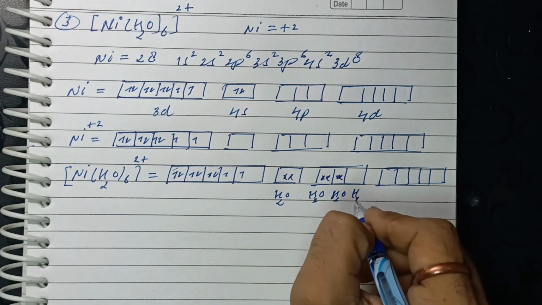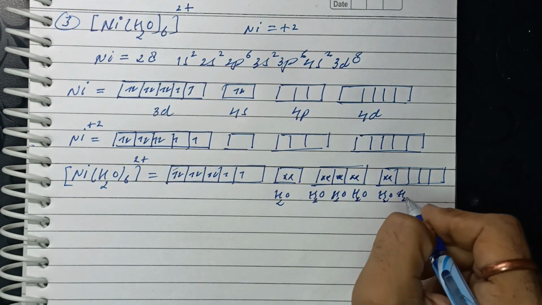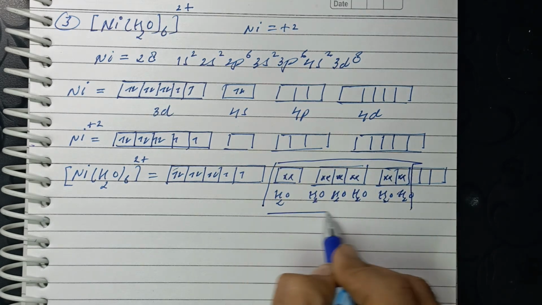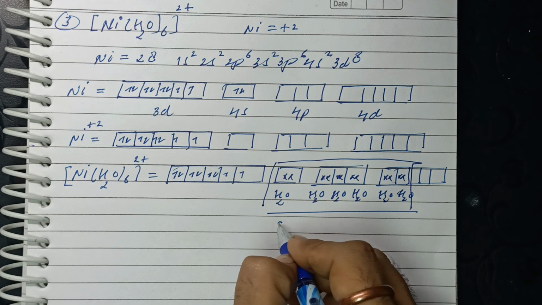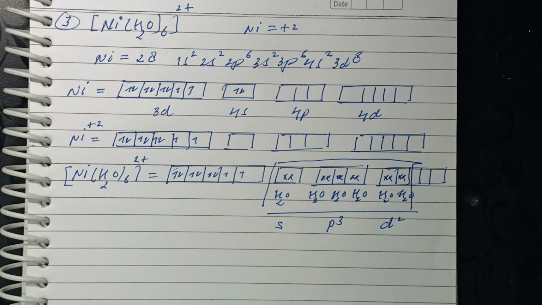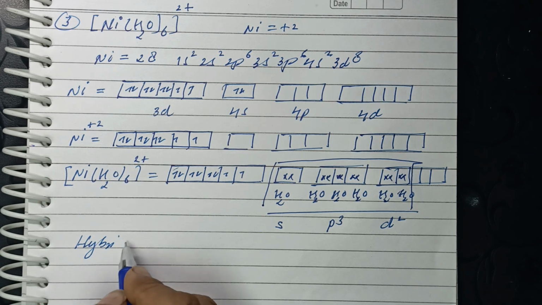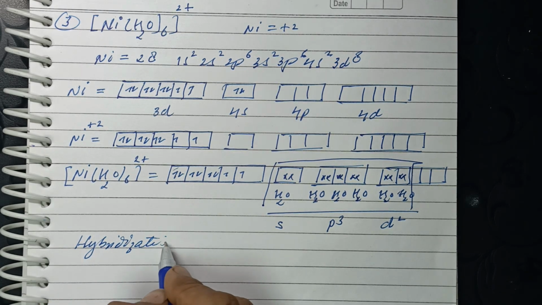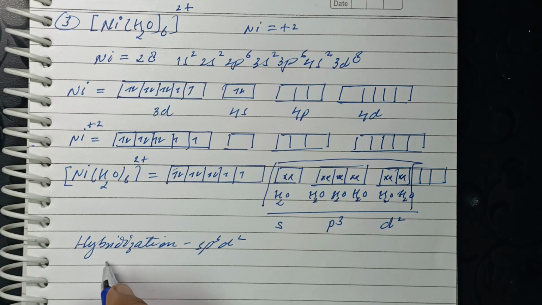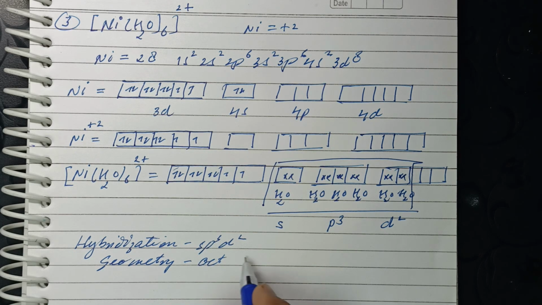As you can see, the hybridization is sp3d2, which means the geometry is octahedral.